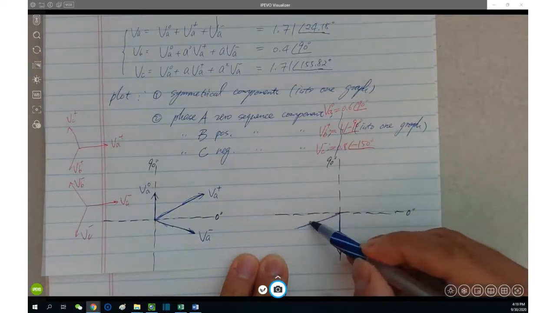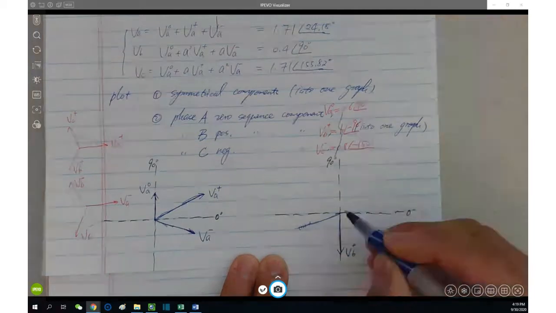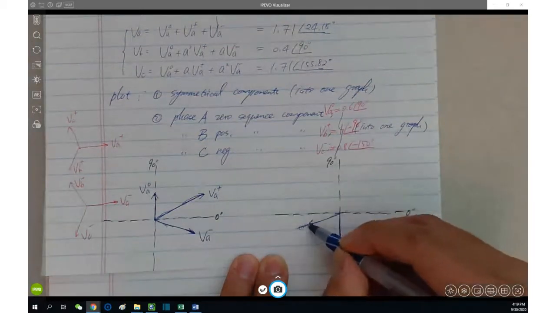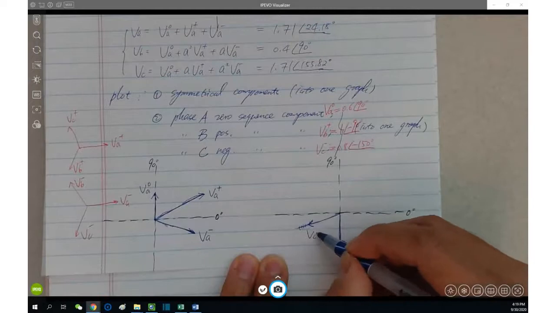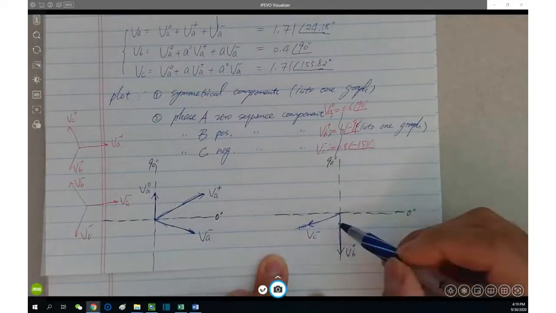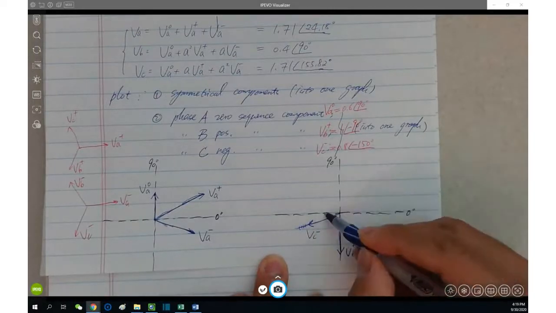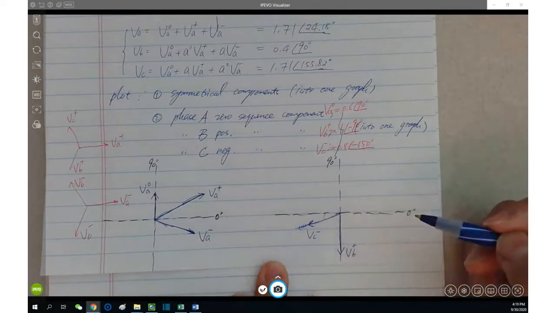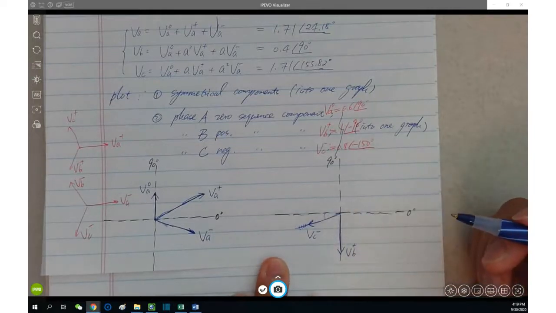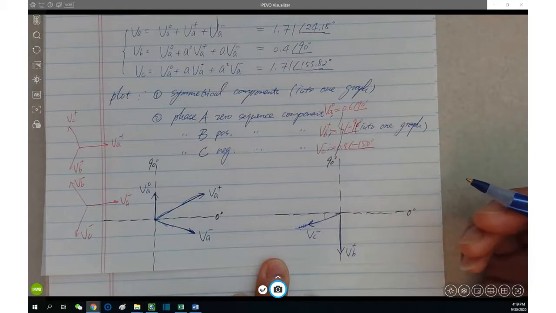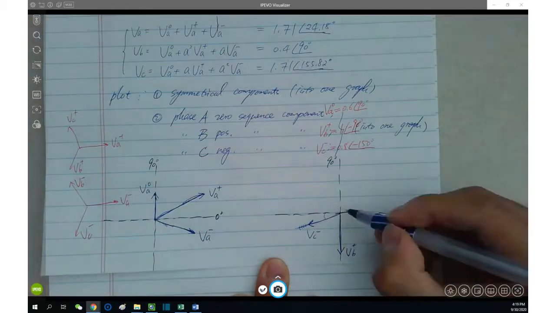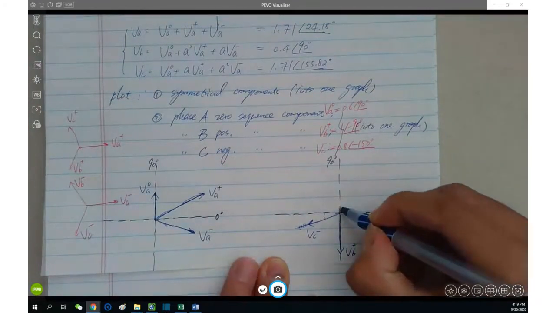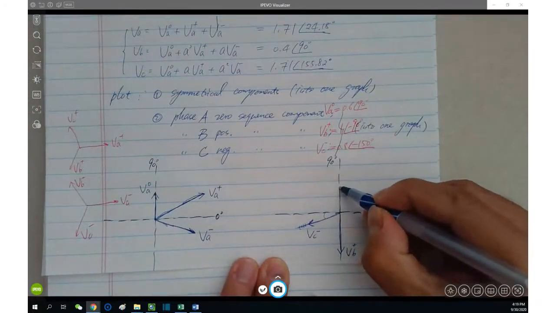It's about here, VC minus. This is the negative 150 degree, which means this angle is 30 degree, right? So this is how you come up with VC minus. And similarly, VA0 is 90 degree. It was 0.6.